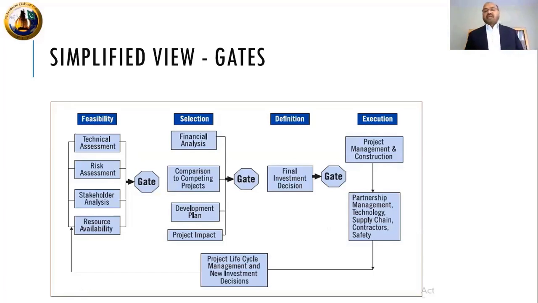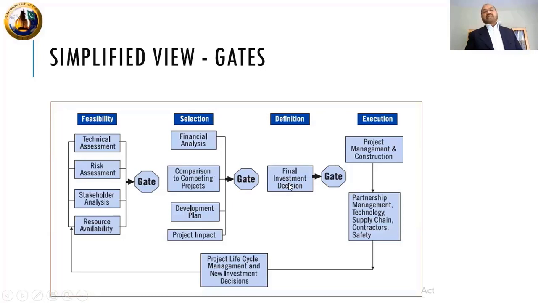Then stakeholder identification and their roles and management also start from here. Resource availability, then through the first gate, it goes into the selection phase, where other activities such as financial analysis, comparison to other competing projects, development plan, and project impact are carried out.